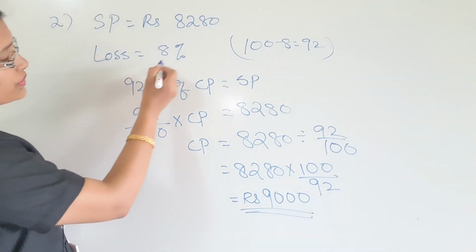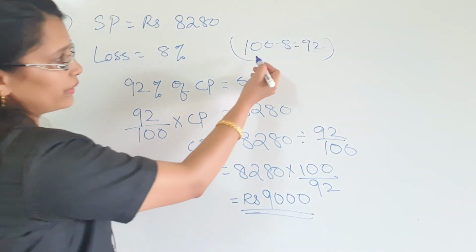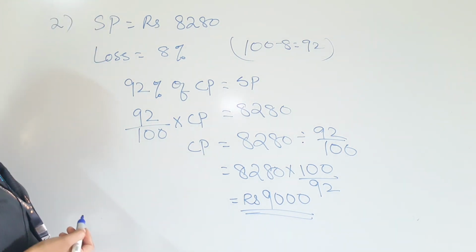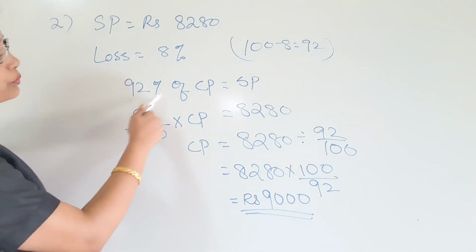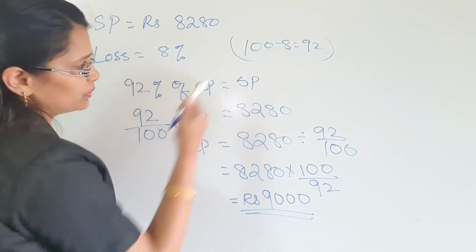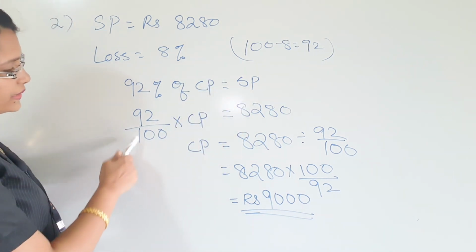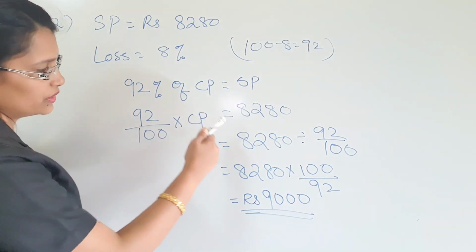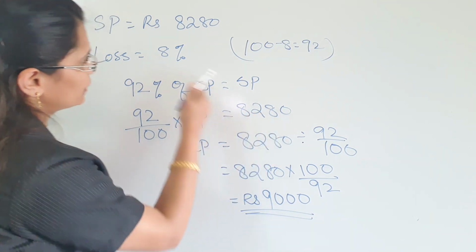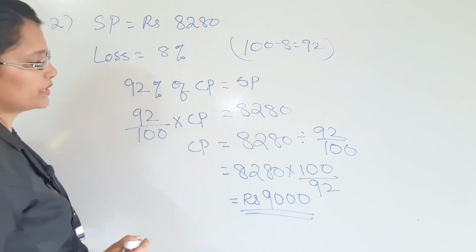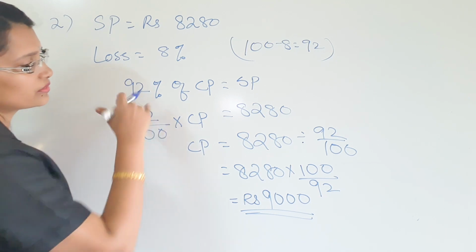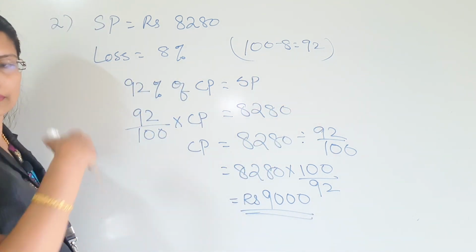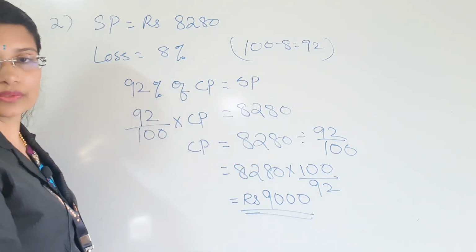Here children, loss is equal to 8%. Loss means we have to subtract. 100 minus 8 is equal to 92. Then 92% of cost price equal to selling price. So 92 divided by 100 into CP is equal to 8280. That is selling price. Now we have to take this term to right side. If multiplication goes right side, that will become division.